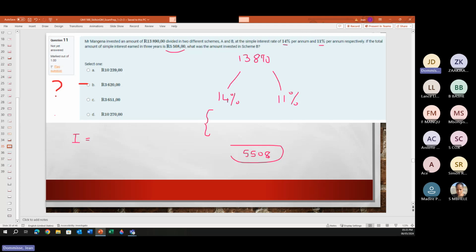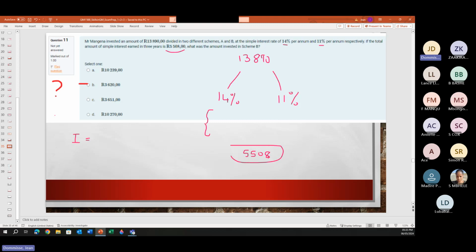I don't have the formula on hand, so let me check. I think the interest is equal to, in your textbooks, PIN. So that is the formula.